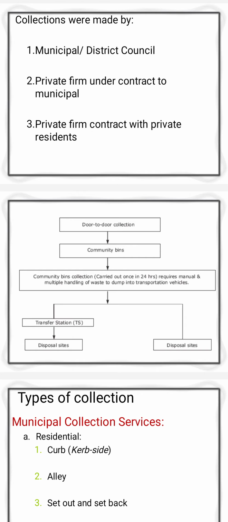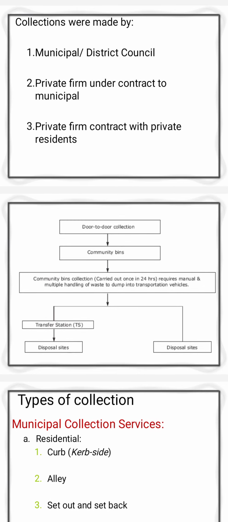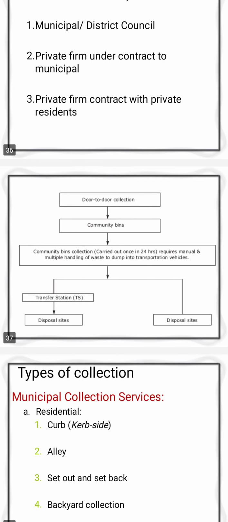Because this biodegradable or organic waste you can compost, and you can produce a fertilizer or humus which has a good NPK value that you can use for plantation and agriculture purposes. So whatever biodegradable waste, it may be food waste or restaurant waste, you can collect separately and decompose by the composting process separately.